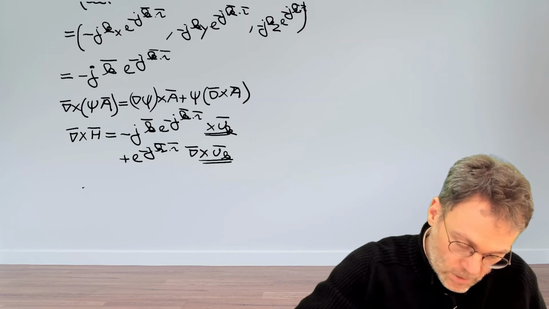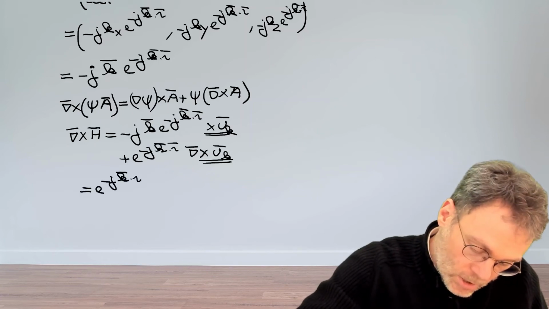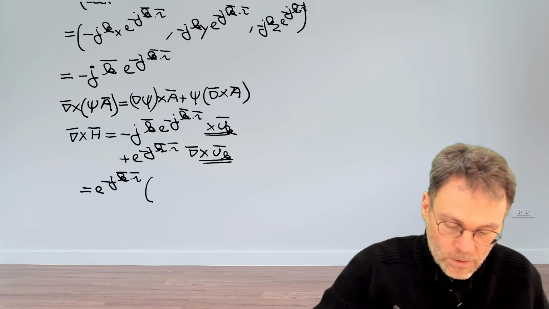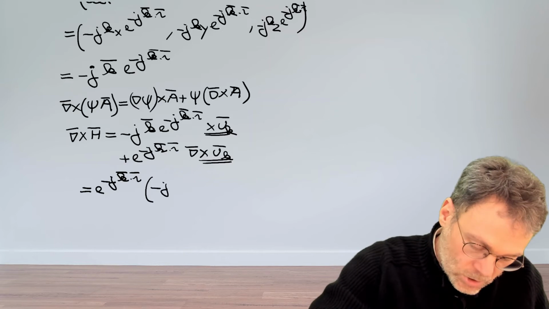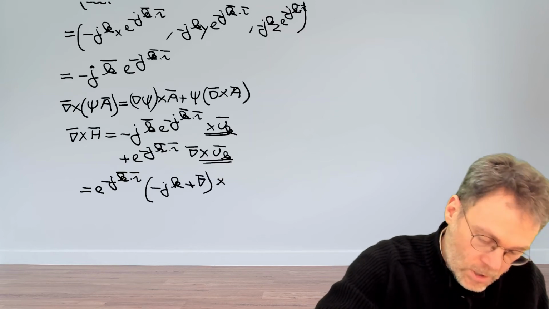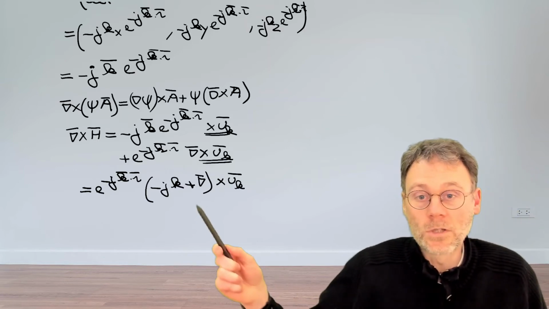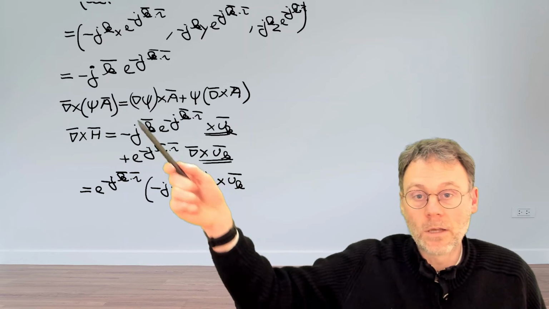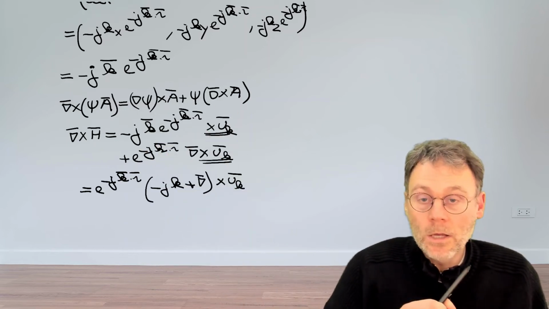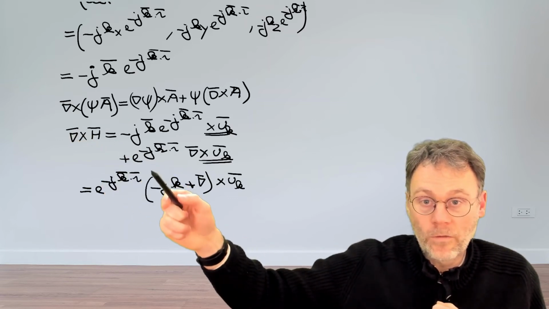So finally, we can simplify this as exponential minus jkr, which is a scalar we bring in front of the equation, and then we have minus jk plus the nabla operator cross product uk. So this is a more compact way of writing down exactly the same thing that we have here. That's already an important step. We know what the curl of H is.